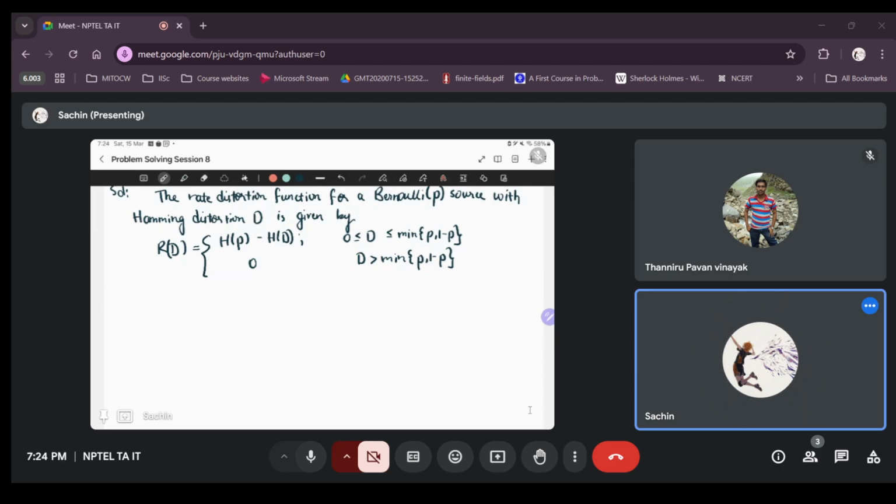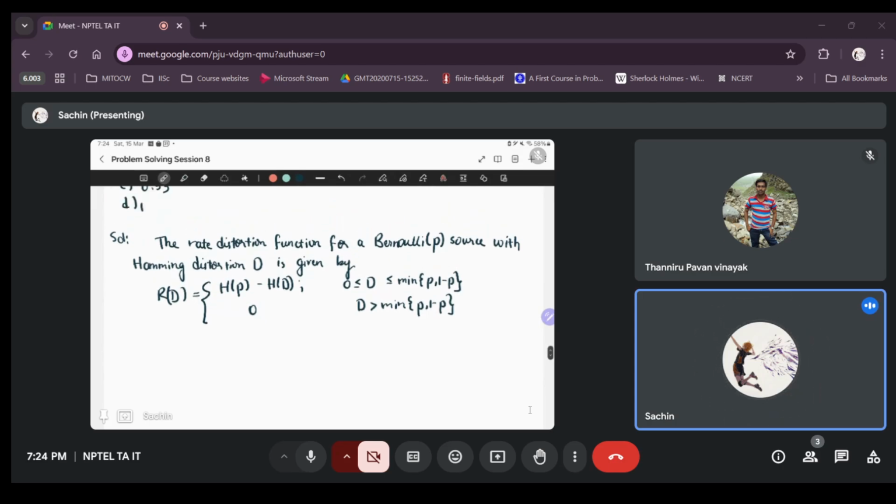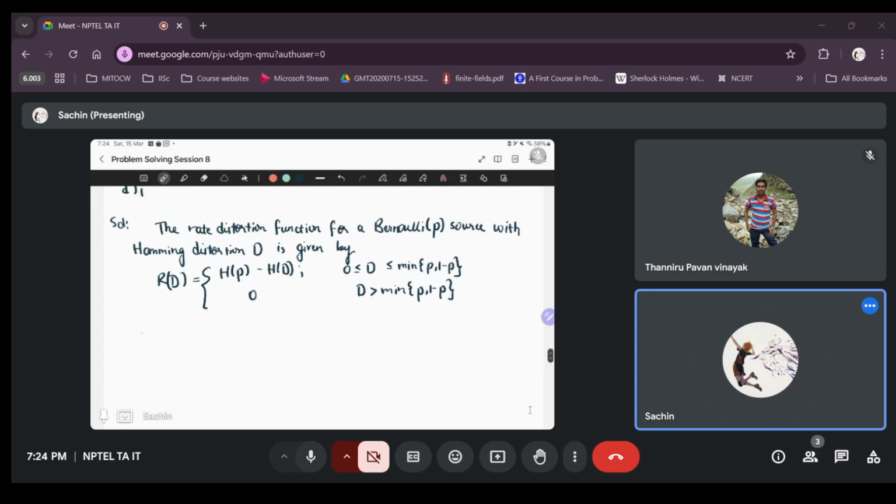Anyway, the rate distortion function is h of p minus h of D, if D is greater than or equal to 0 and less than the minimum of p comma 1 minus p. It is 0 if D is greater than the minimum of p comma 1 minus p. And since we have the same source as the previous question, p is half, which means 1 minus p is half, which means the minimum of p comma 1 minus p is half.